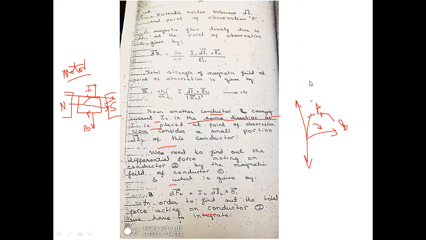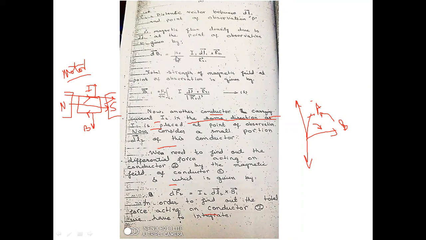dB1 is equal to mu naught over 4 pi. Mu naught is actually the constant for the medium between the source magnet and the point of observation. It shows the medium, whether it is air or any insulator, oil, etc. So the medium between the source magnet and the test magnet is represented by mu naught.